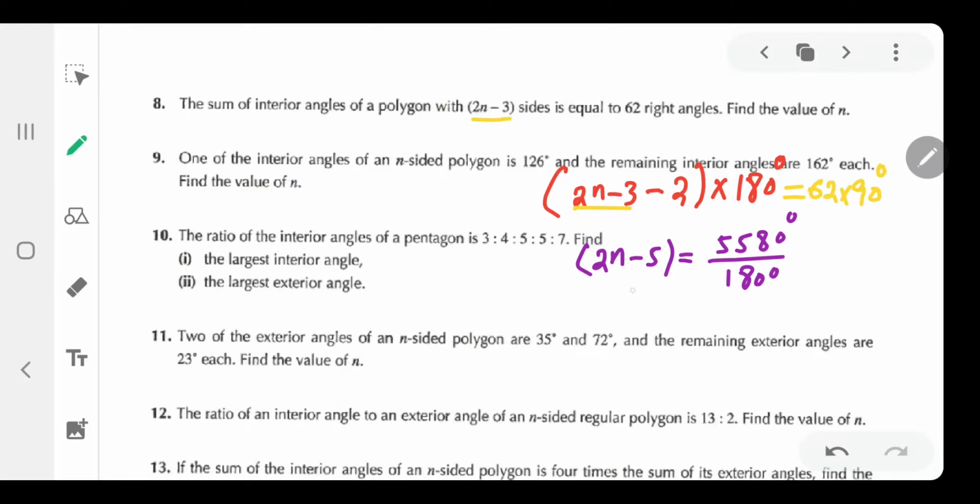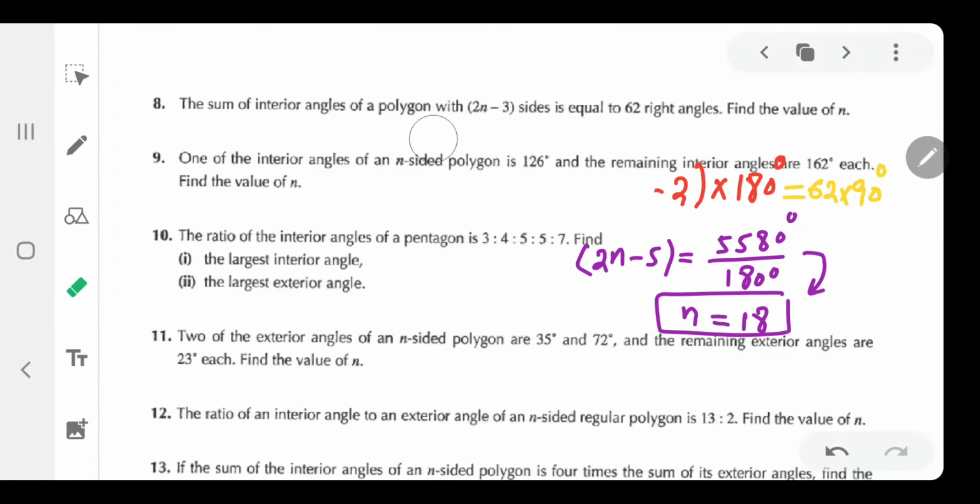After performing simple calculations, we find n is equal to 18. So the number of sides is 18. Students, you have to perform simple steps to calculate the value of n using this equation. The value of n is 18.